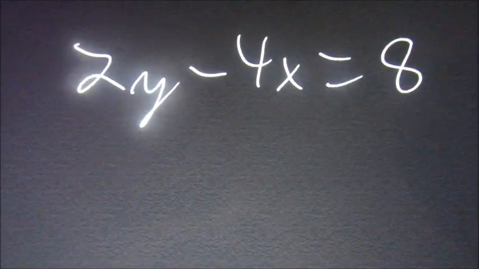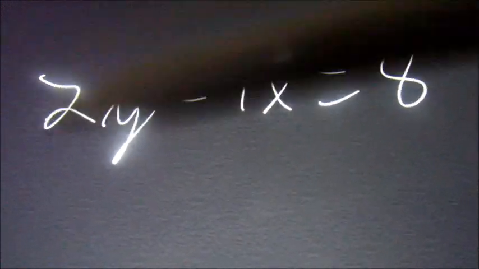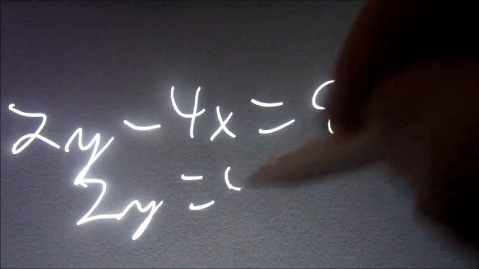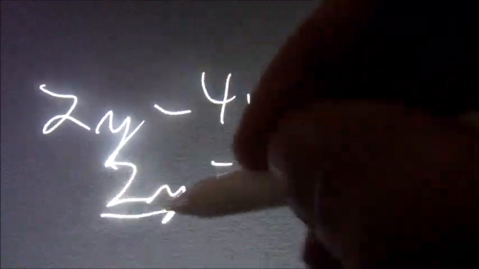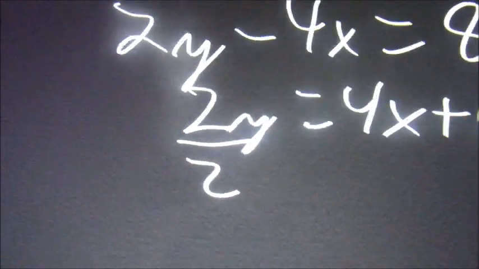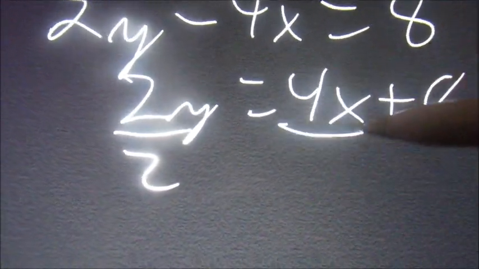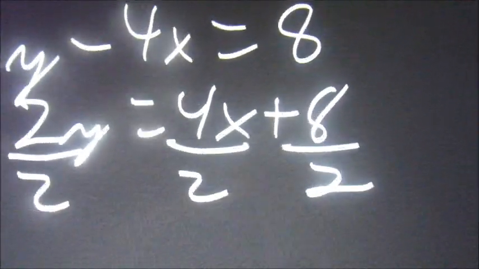But let's say that we have 2y minus 4x equals 8. We still need to solve for y. So I'm going to add the 4x. So 2y equals 4x plus 8. Now watch the way I do this. I'm going to divide everything by 2, but I'm going to divide everything separately.